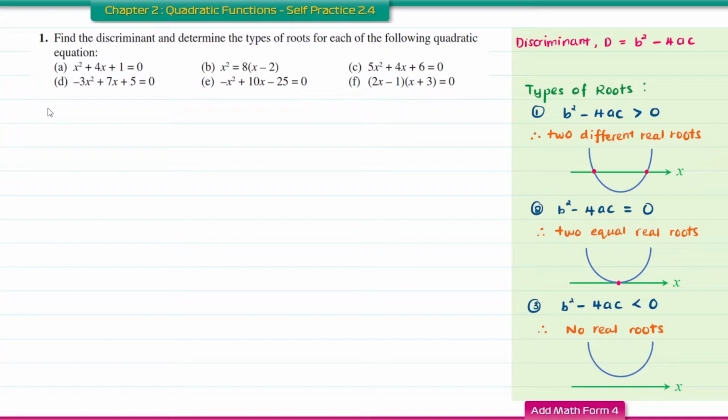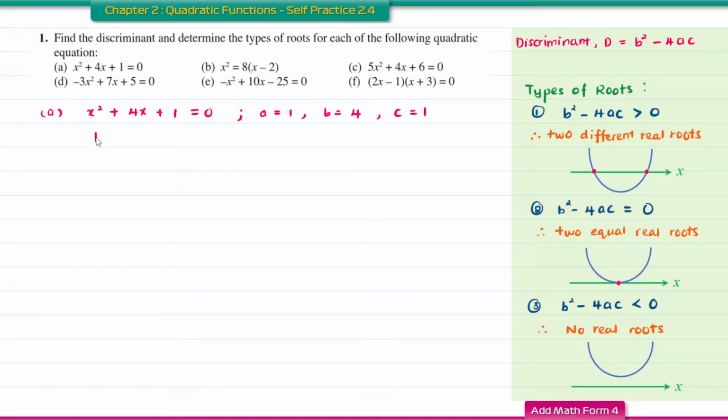So now let us look at question A. x squared plus 4x plus 1 equal to 0. This quadratic equation has been written in general form. So a is equal to 1, b equal to 4, and c is equal to 1.